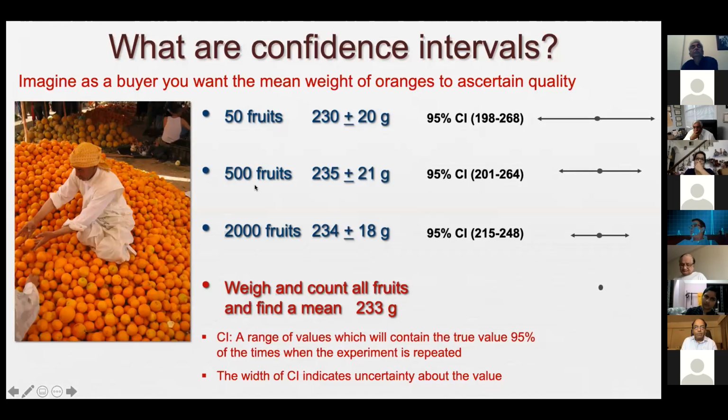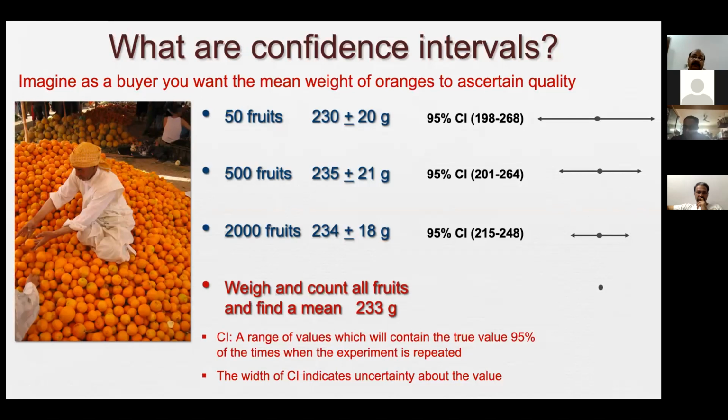If you want a better quality of estimate, you want a narrower confidence interval, you have to increase the sample size. If you increase it to 500 fruits, it will give you a narrower estimate. If you further increase the number of fruits, it will give you a further narrowing of the confidence interval. So your uncertainty becomes less. This is another important concept: as the sample size increases, the confidence interval shrinks, which means your uncertainty also shrinks.